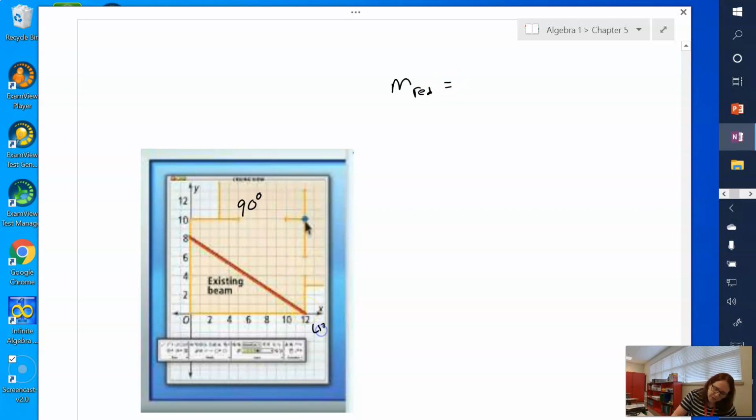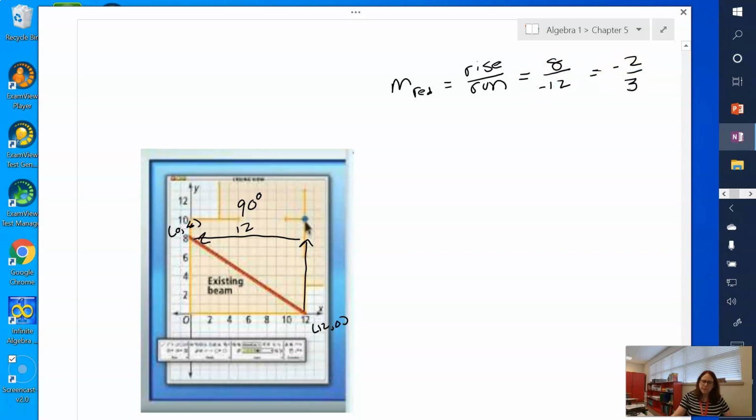So this is the point 12, 0, and the other point is 0, 8. So starting down here at this point, I have to go up 8, and then I have to go backwards 12. So my slope, rise over run, is going to be up 8, backwards 12. That's going to reduce to a negative 2/3.